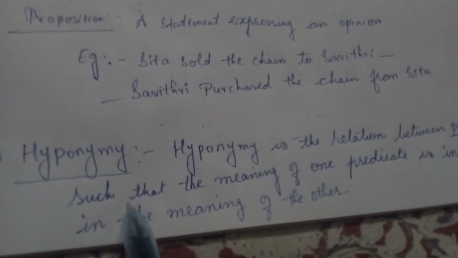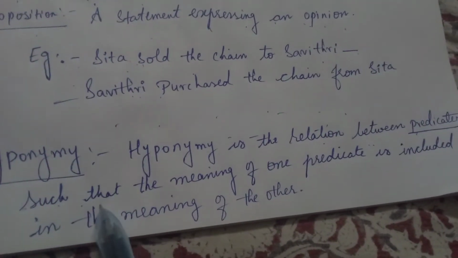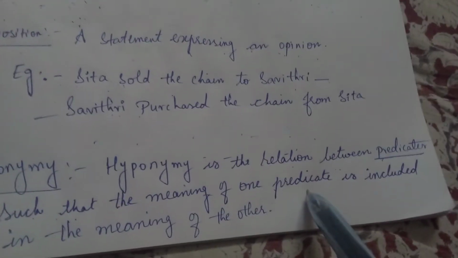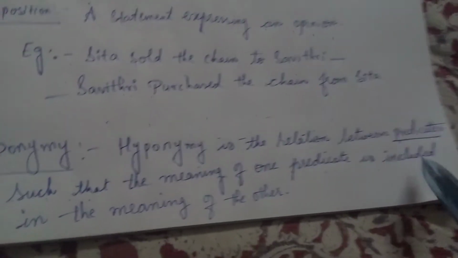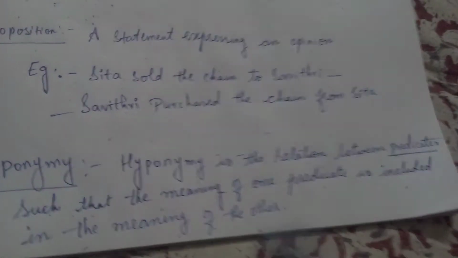Okay, here hyponymy means the relation between predicates such that the meaning of one predicate is included in the meaning of the other.